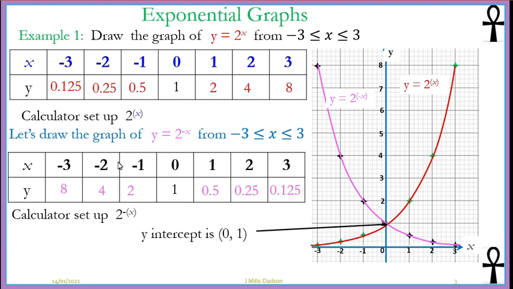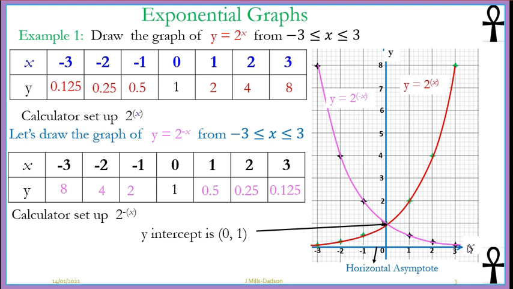So you could see that we call this a horizontal asymptote. That means if you keep on decreasing the x, the red line will get closer and closer to the x-axis, and this one too will get closest to the x-axis as you increase the x values, but will never cross it.